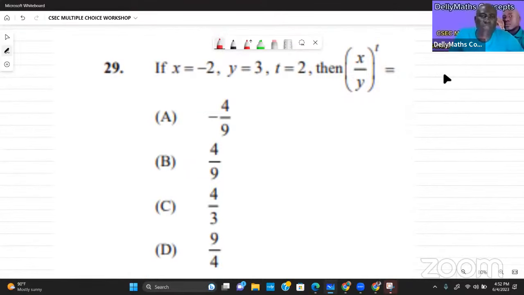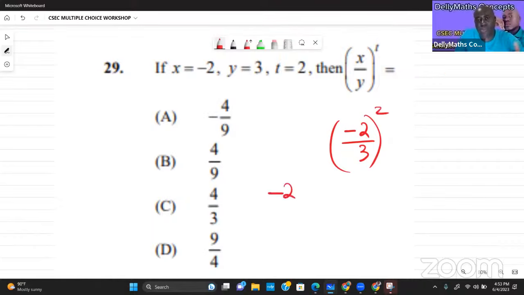If x is equal to -2, y is equal to 3, and t is equal to 2, then x over y raised to the t, substitute x over y. So x is -2, so we have -2 there, divided by y, y is 3, and this must be all raised to t, and t is 2. So we're squaring -2/3.